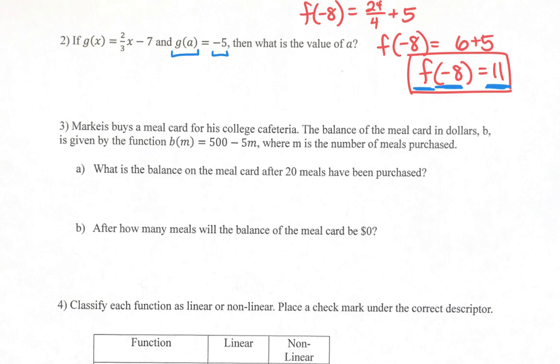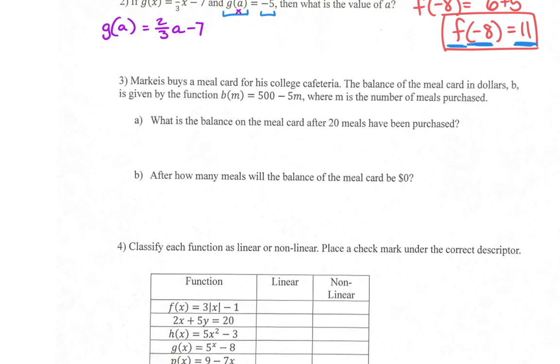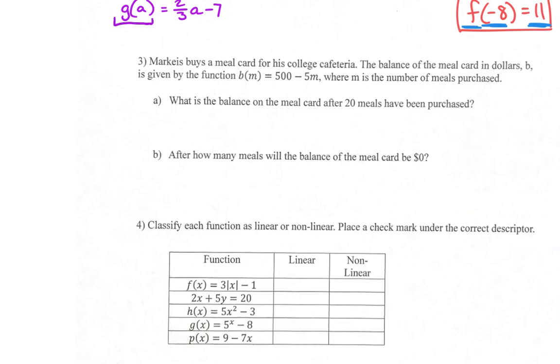So they are replacing x with a. So in place of x, they're putting a. No big deal. So I'll call it g of a. And they're saying that g of a is going to be replaced with negative 5. They're saying g of a is equal to negative 5.